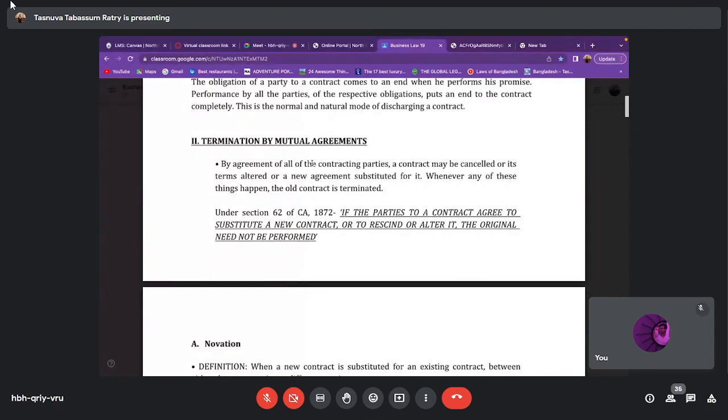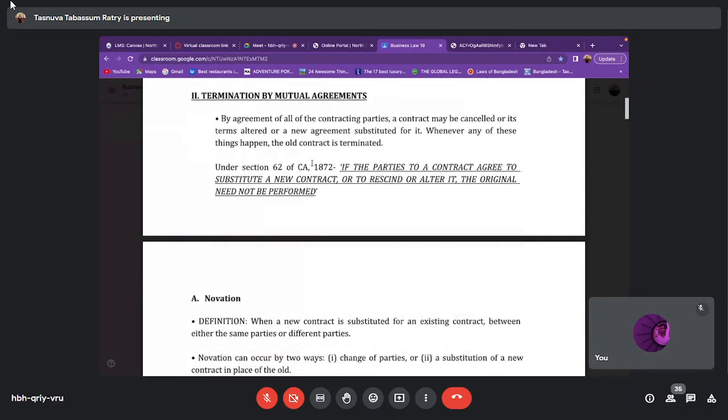There are different ways through which termination can take place by mutual agreement. Normally, if the parties substitute a new contract for an old contract, the contract will be terminated by mutual agreement. However, there are different methods through which termination can take place by mutual agreement.